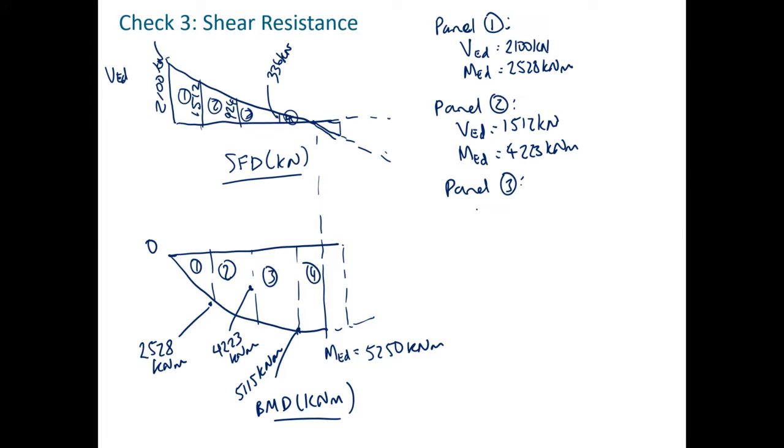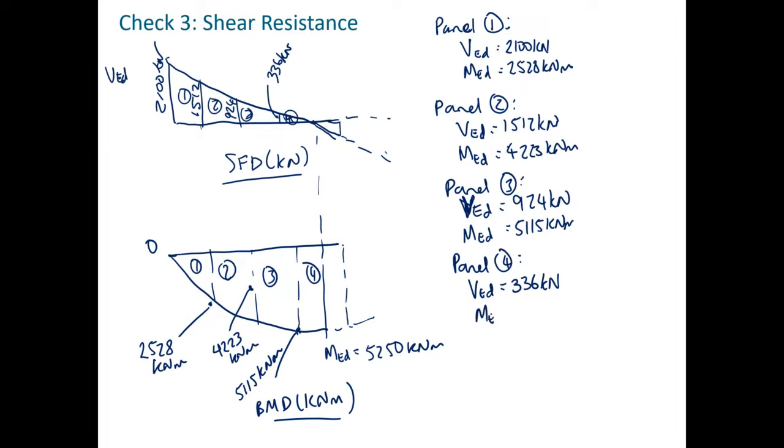Panel 3. VED is 924 kilonewtons. MED is 5,115 kilonewton meters, and panel 4, VED equals 336 kilonewtons, and MED is equal to 5,250 kilonewton meters.